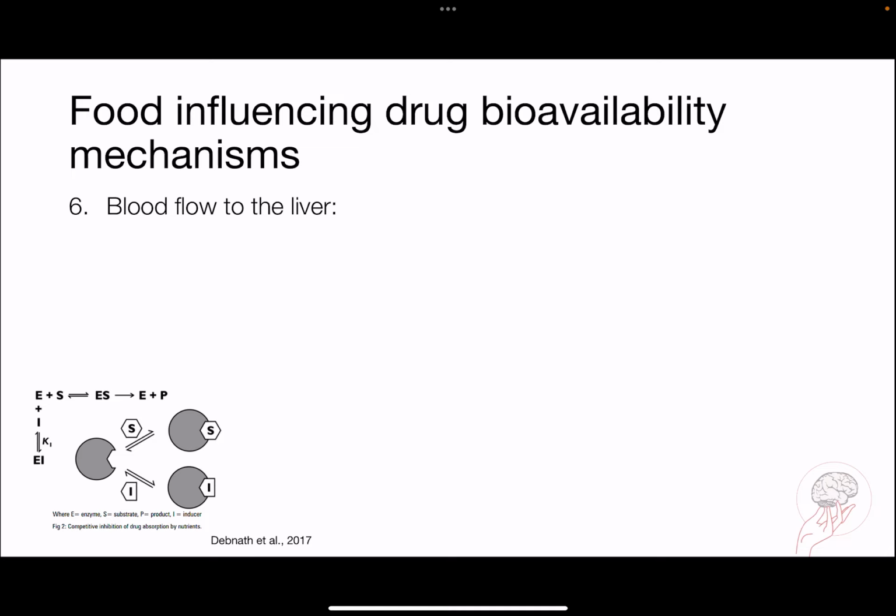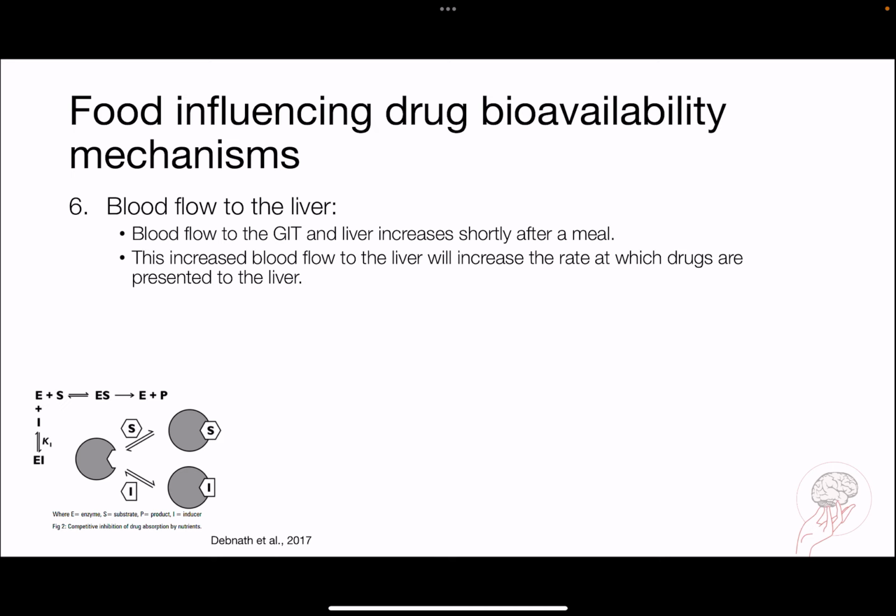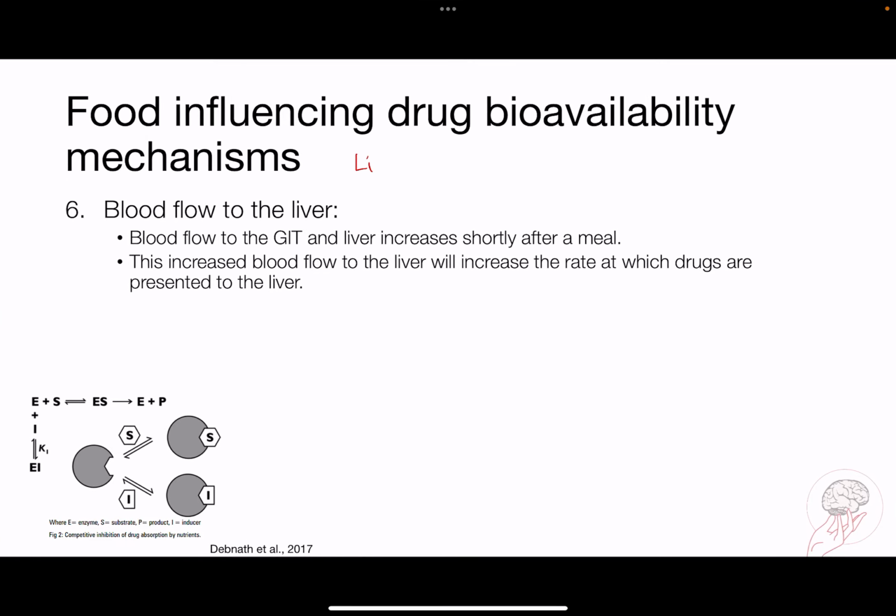Another mechanism is blood flow to the liver. Blood flow to the GI tract and liver increases shortly after a meal. This increased blood flow to the liver will increase the rate at which drugs are presented to the liver. And recall that the liver is going to be a filter for drugs.